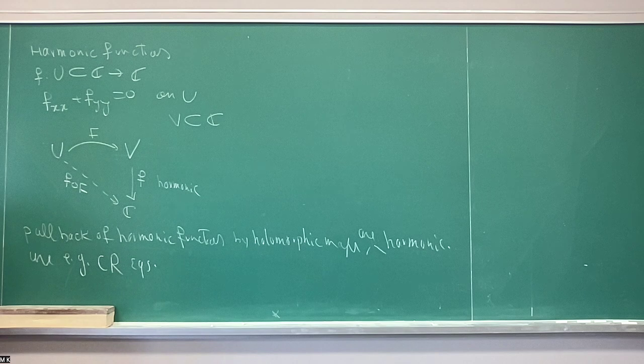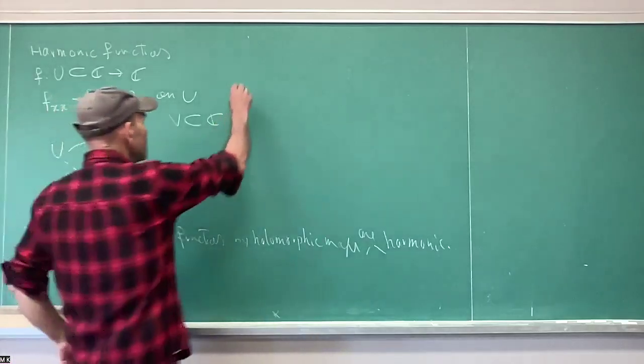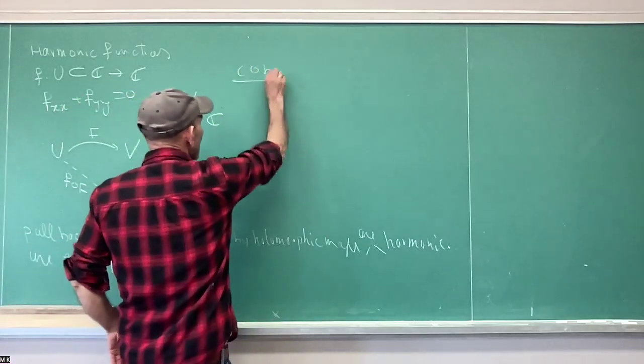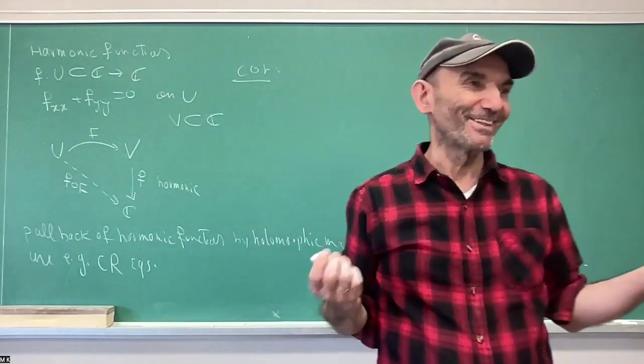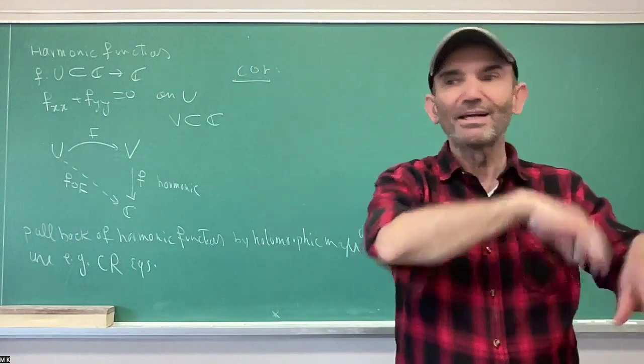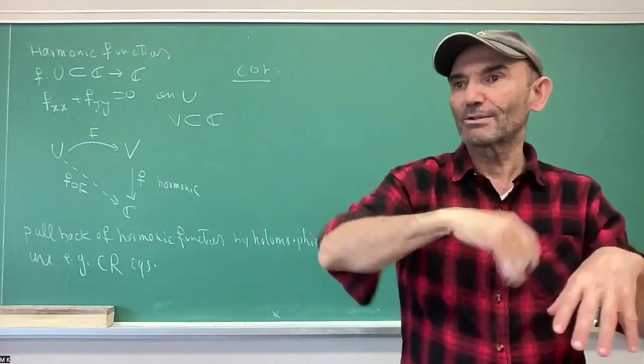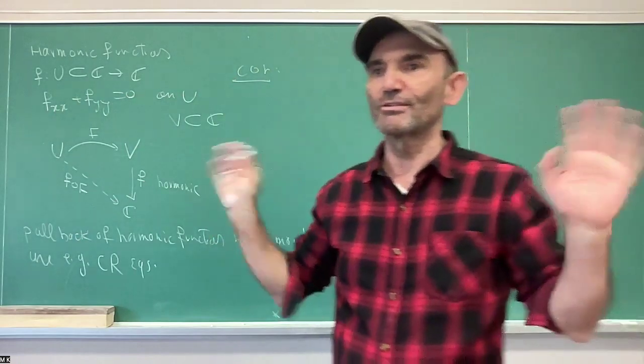Now, harmonicity is preserved under pullback by holomorphic maps. This means I can define harmonic functions on Riemann surfaces. You just go to one coordinate system and verify that it is harmonic in that coordinate system, and then you are guaranteed that your definition is well defined.